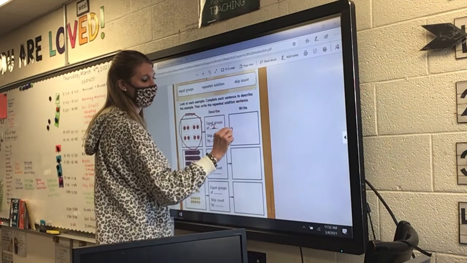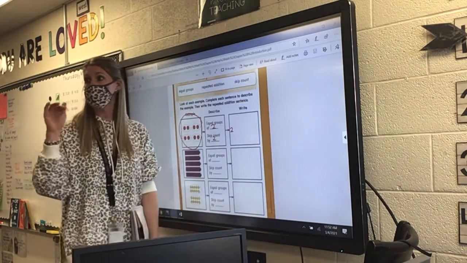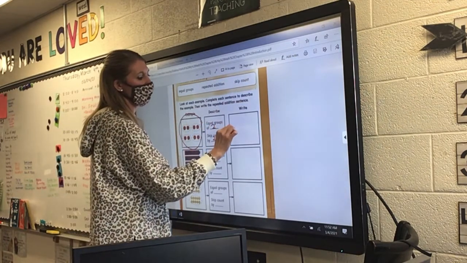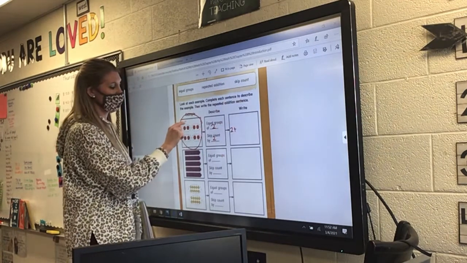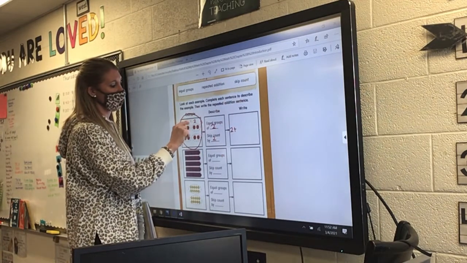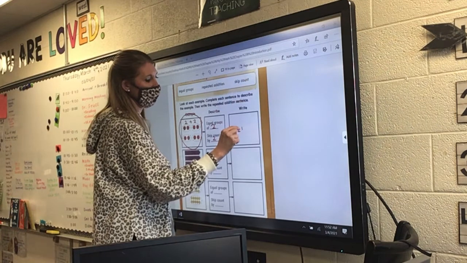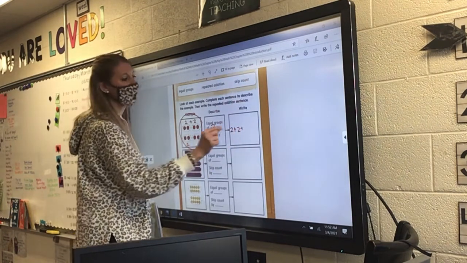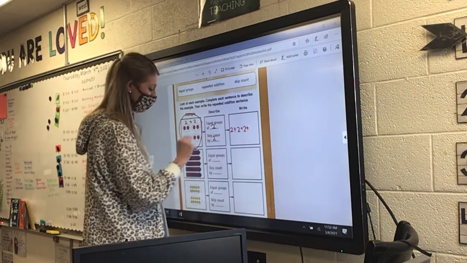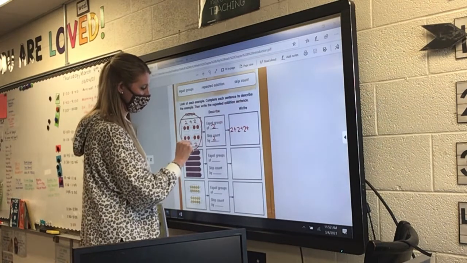2, 4. Oh, we're adding, so repeated addition. So we're going to do 2 plus, so there's 2 here. 2 plus 2 plus 2 plus 2. Good job.